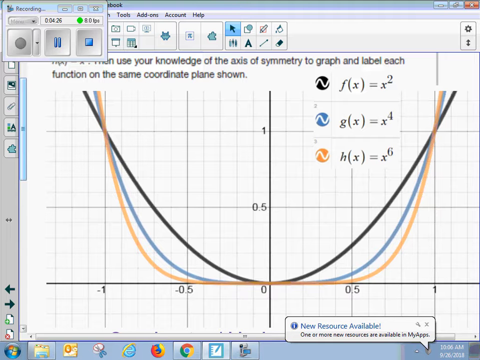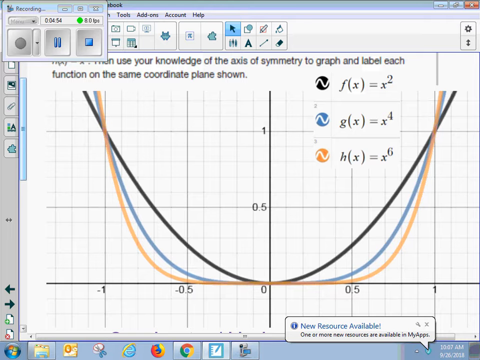So x to an even power, an even degree, is always going to give me those solid points. I know that for sure. Everything else is going to change, but those are the ones that will stay the same. Now, an observation on the 3 graphs: they all look like a concave up parabola. But as my exponent was increasing, look at the x-axis.